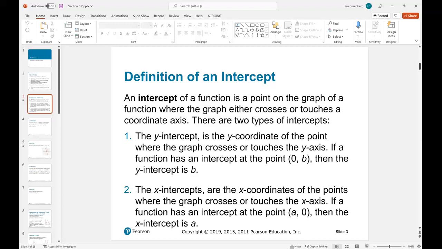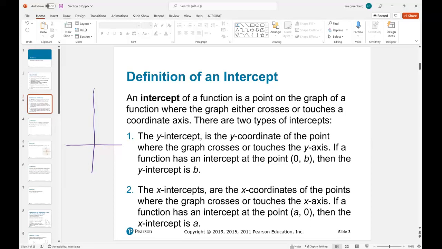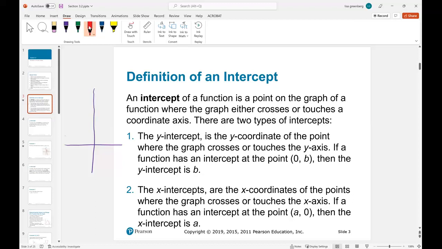But if we wanted to draw a picture of a graph, let's just say, here's my graph. Now we're not talking about lines anymore. It could be any kind of graph.